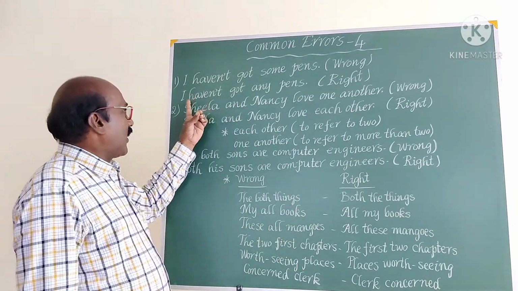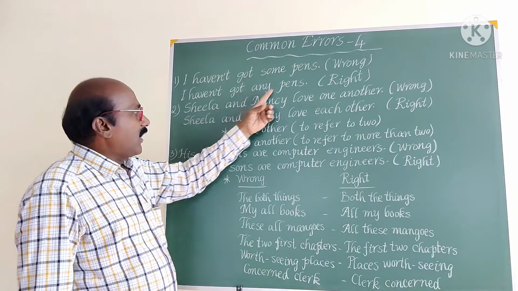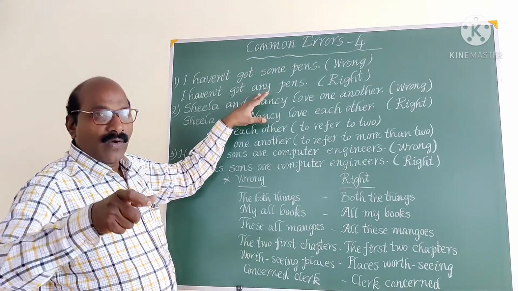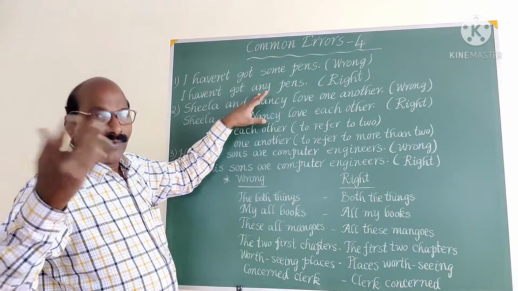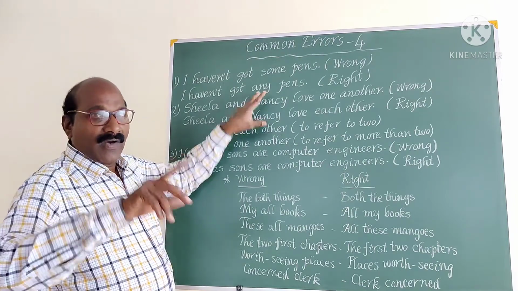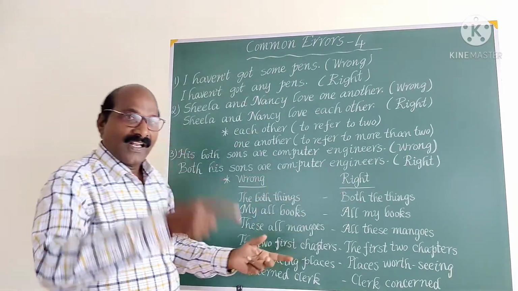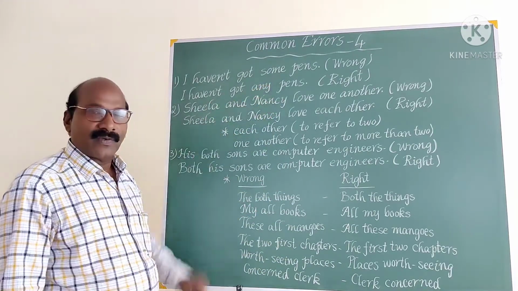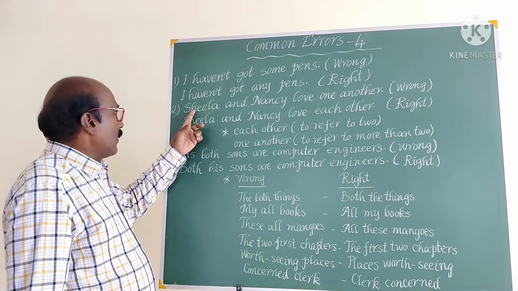The right expression is, I haven't got any pens. Only in the positive connotations we say, I have some pens, I have no pens. Similarly, I haven't got any pens. In the negative connotations, any is the right one. The some should be replaced by any.